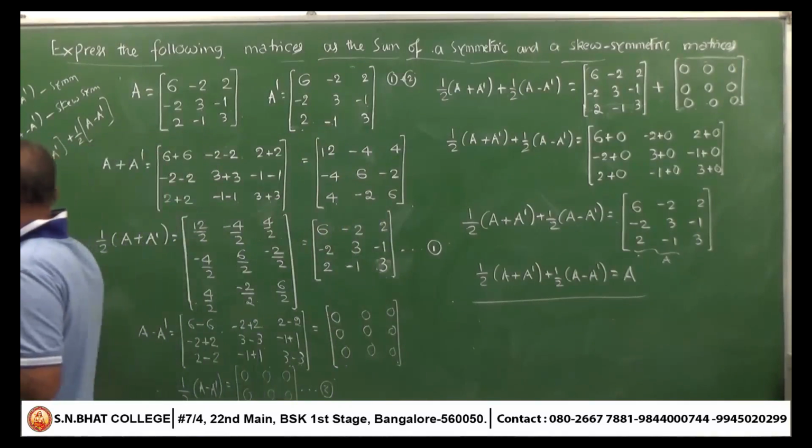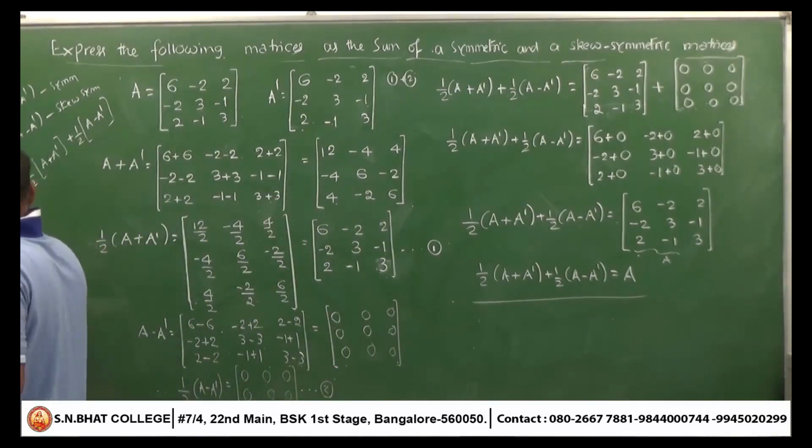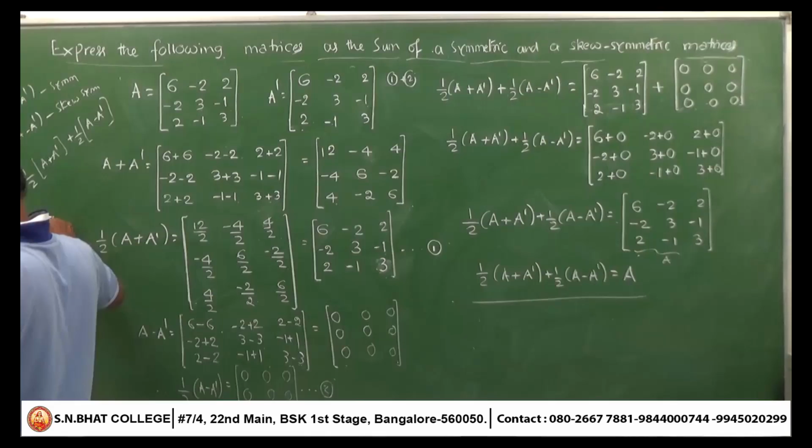Next homework problem. Two questions. First, A is 1 5, minus 1 2.